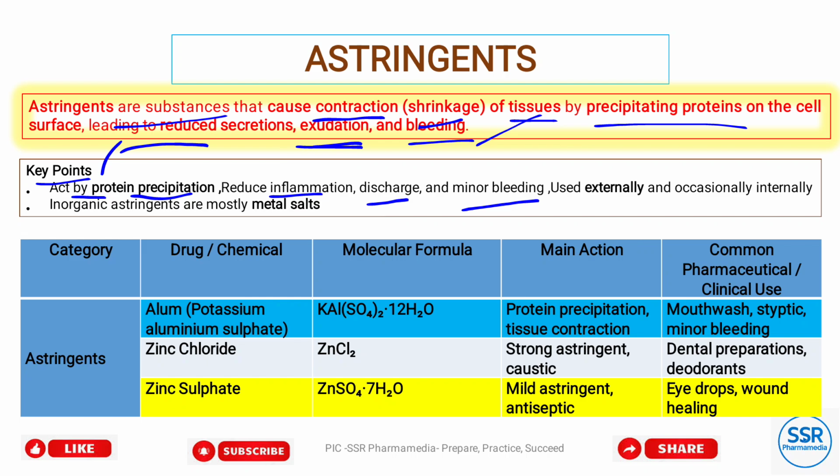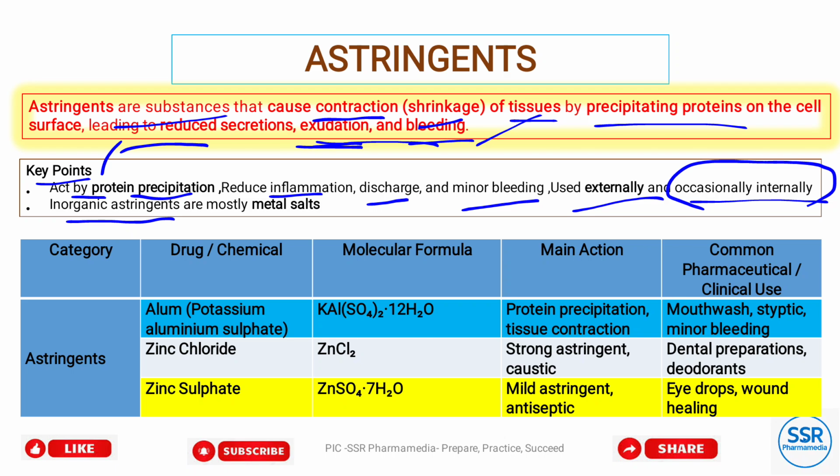It is used externally and occasionally internally. Occasionally internally, some specific compounds are used during diarrhea, when minor wounds may occur inside the stomach. In that case, it acts as an astringent to stop the bleeding and exudations inside the stomach.